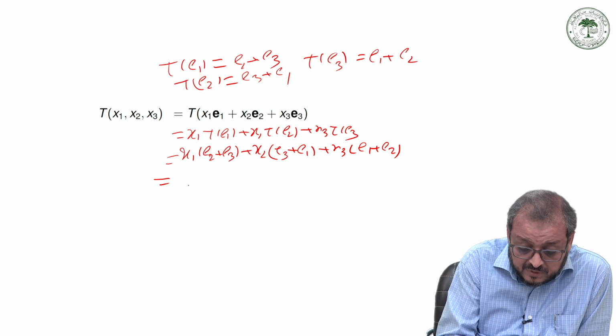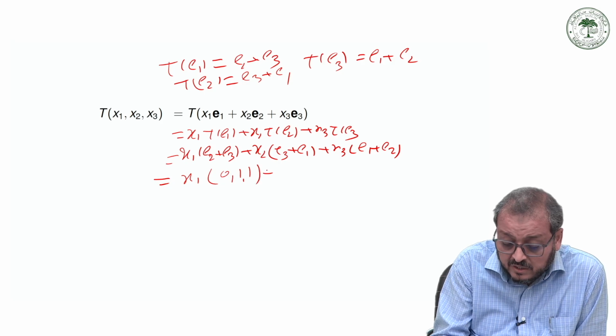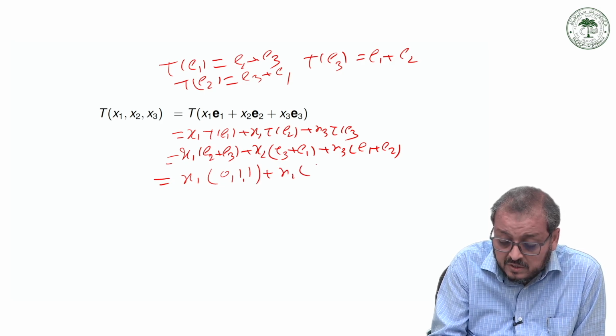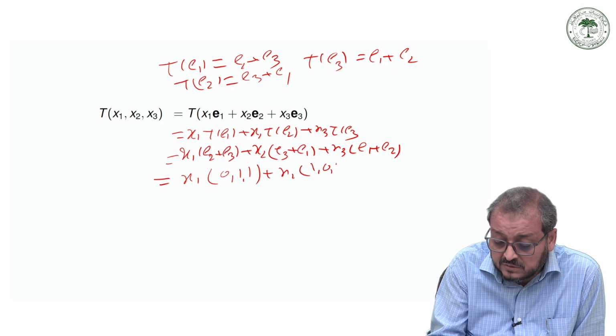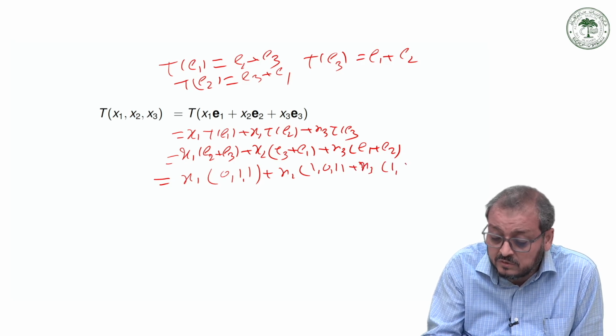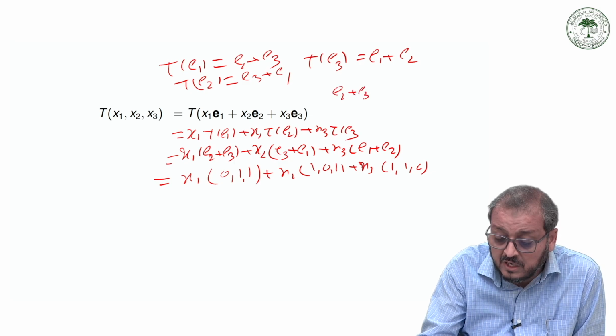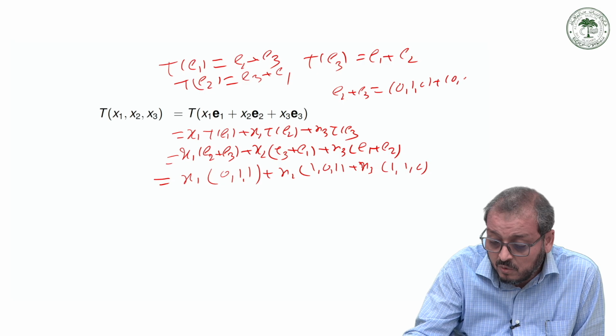So this is x1 times E2 plus E3, meaning 0 1 1, plus x2 times E1 plus E3, so 1 0 1, plus x3 times E1 plus E2, so 1 1 0. E2 plus E3 can be written as 0 1 0 plus 0 0 1, which is 0 1 1.